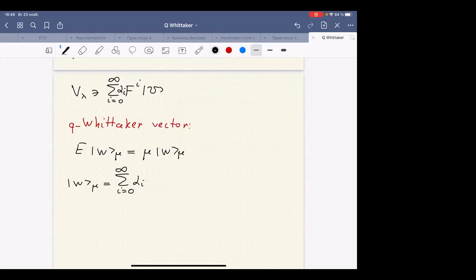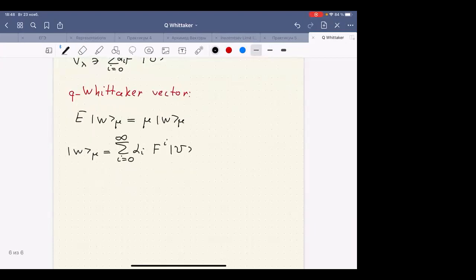So alpha_i, F^i on the highest weight vector. I act by E and perform some arithmetics.